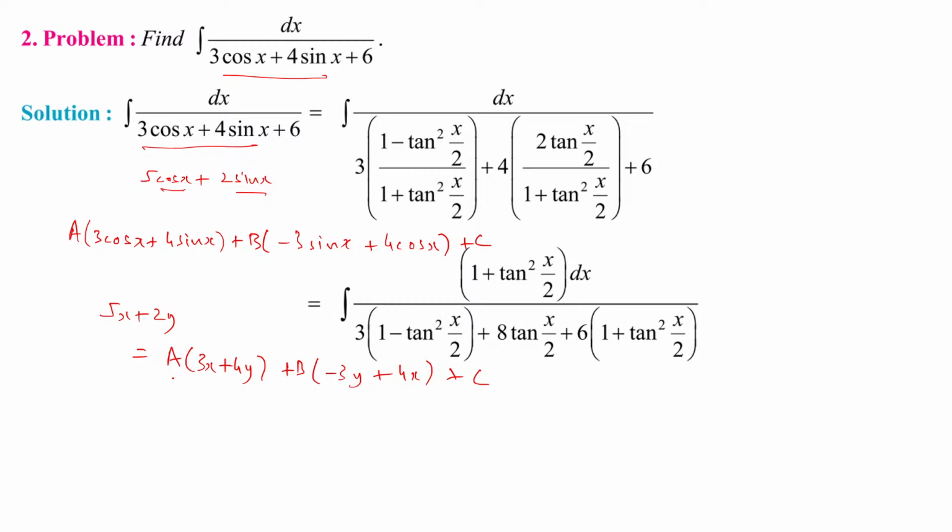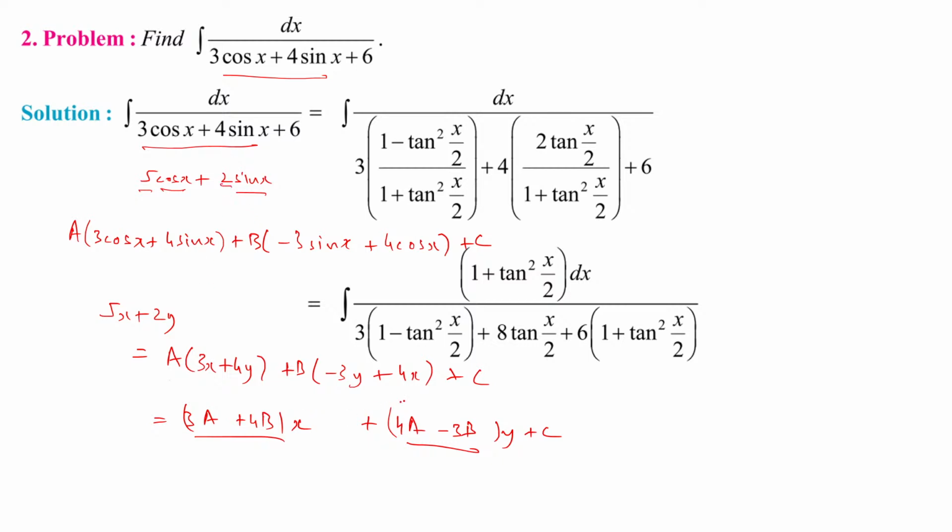So what does that mean? This becomes 3A plus 4B into x, agreed? Plus 4A minus 3B times y plus some constant. So basically 3A plus 4B equals 5 and 4A minus 3B equals 2.